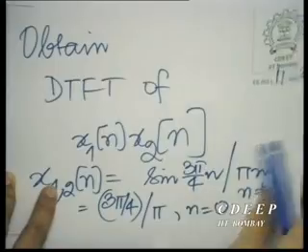Anyway, as I said, let us come to one very important special conclusion of this so-called multiplication principle. And that is as follows. Let us look at what happens when we put omega equal to 0. So we have x1[n], x2[n] with DTFTs X1(ω), X2(ω).